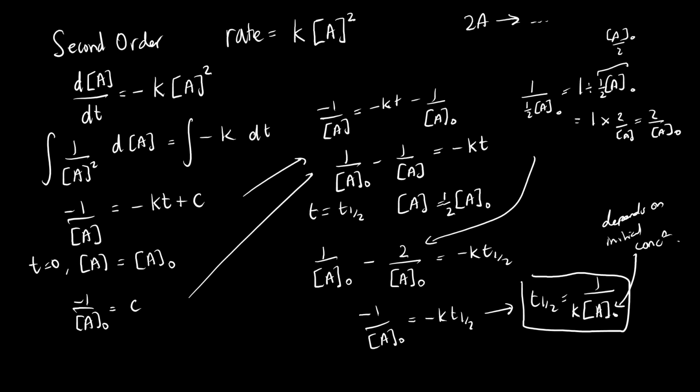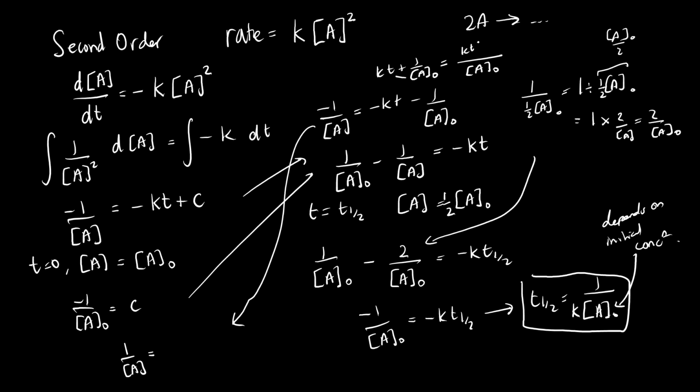Okay, if this equation feels unsatisfying, I don't blame you. You could rearrange it to get what A actually is. You can do it at the bottom. So get rid of all the minuses for starters. I'd have kt plus 1 over A0. Now let's get it all as a common denominator. So cross multiply.